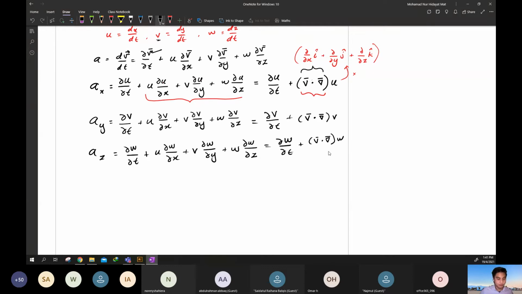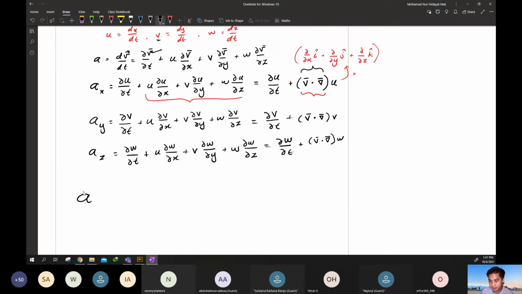All right, now complete. Based on this, we can do the simplification of the whole of this term. Can you see this is in terms of x, y, and z?